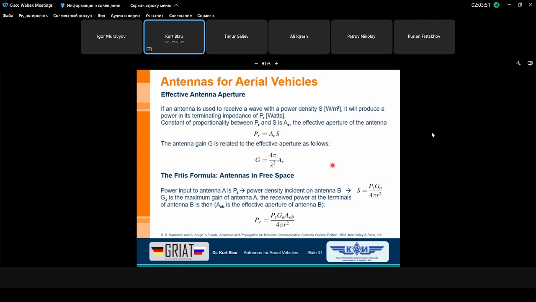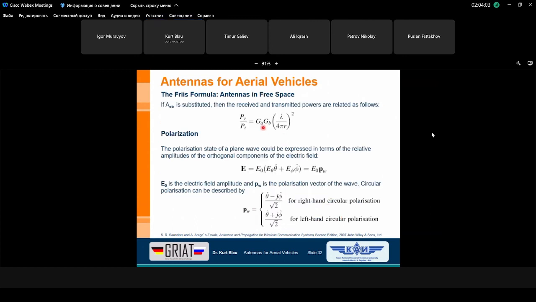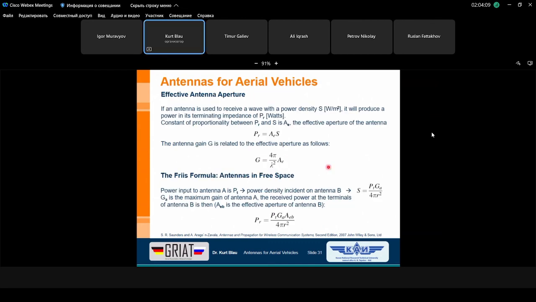Both antennas have different gains: the gain of antenna A, like here, G_A, and then an antenna B, here with a gain G_B. What happens with the transmission between such two antennas?